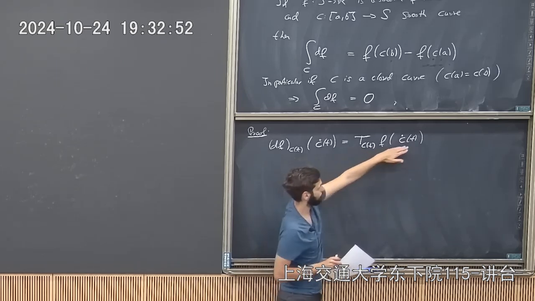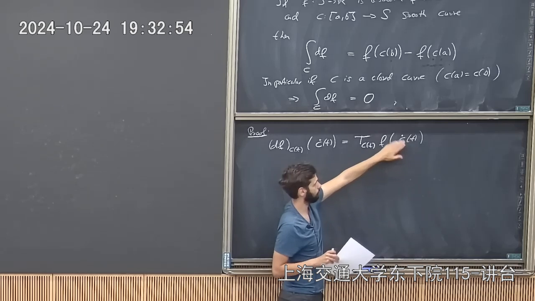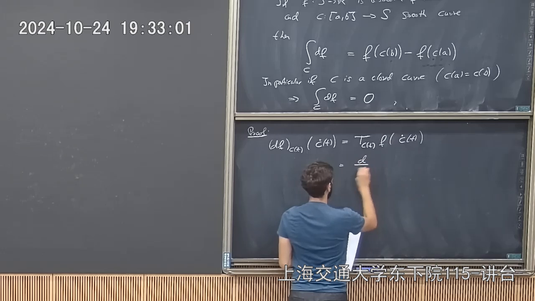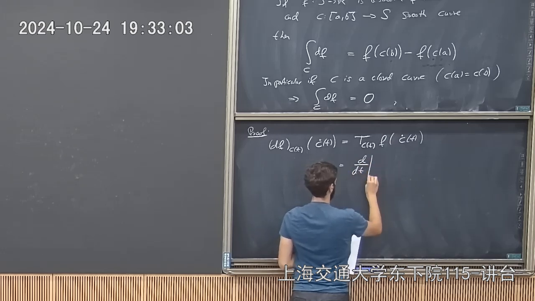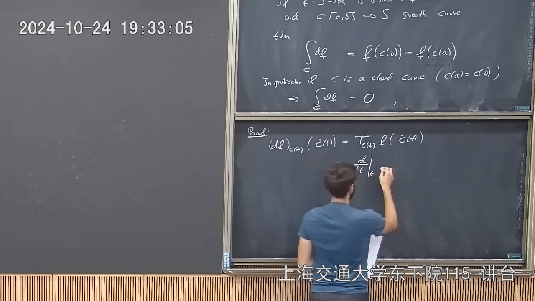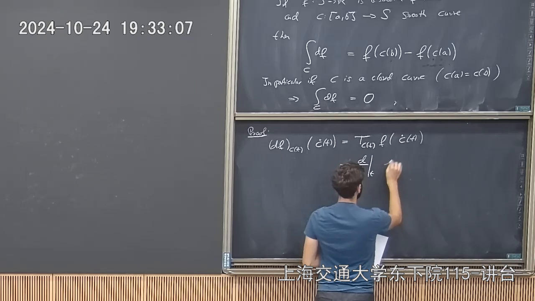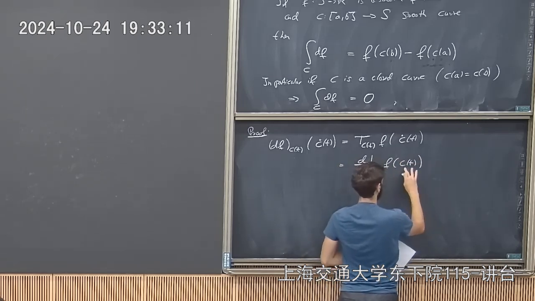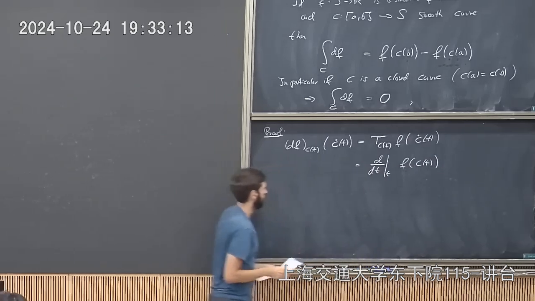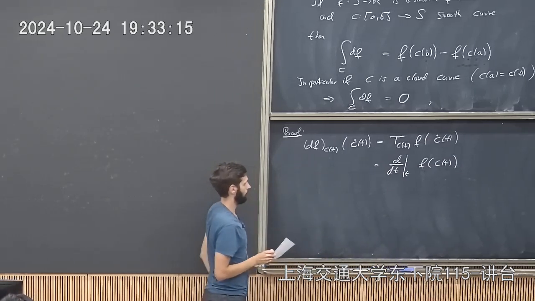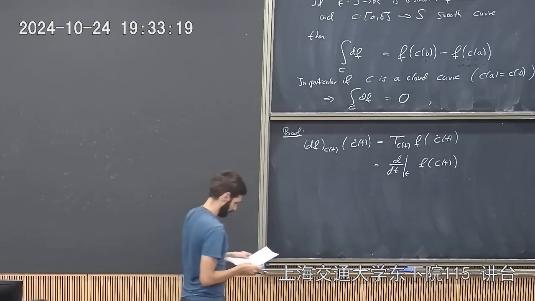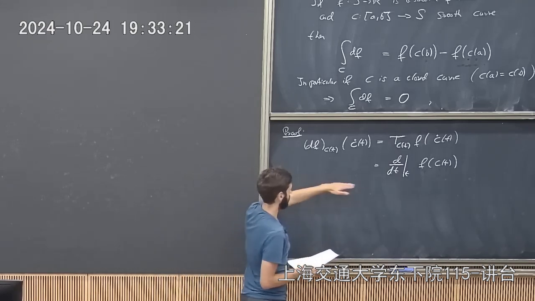So in this particular case, we have the curve already, because this one is the tangent vector of the curve. So this in particular is nothing else than d dt of f at the point c of t plugged into it. So that's just the definition of the directional derivative. Okay, so that's the integrand.